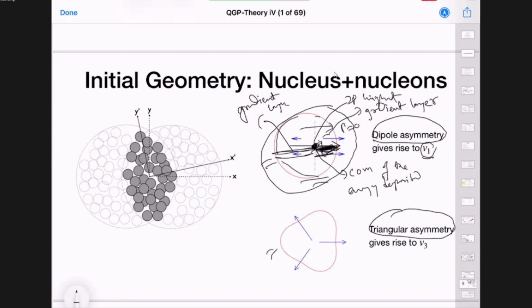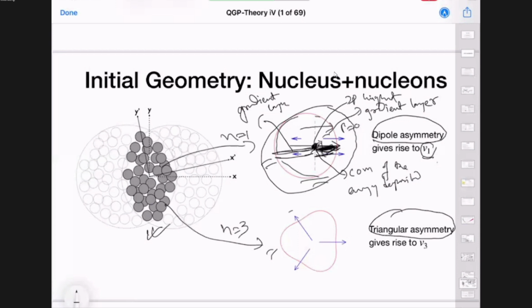The cosine phi will not be 0, the average of cosine phi, and so that coefficient is just n equal to 1, V1, at freeze out. Similarly, you can have these triangular kinds of shapes. When you do a Fourier decomposition, you can pick out an n equal to 1 contribution, you can pick out an n equal to 3 contribution.